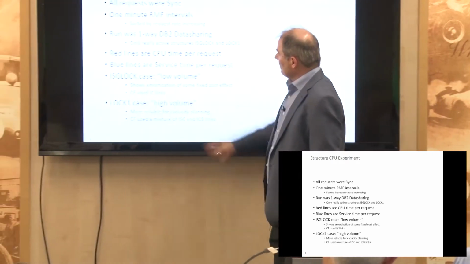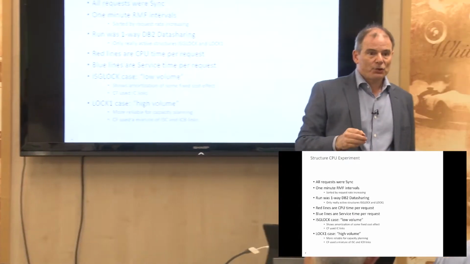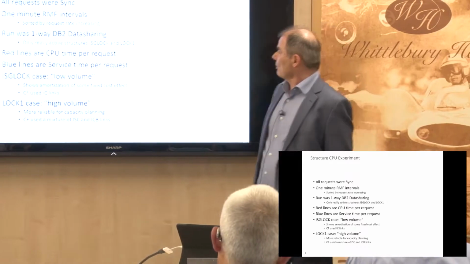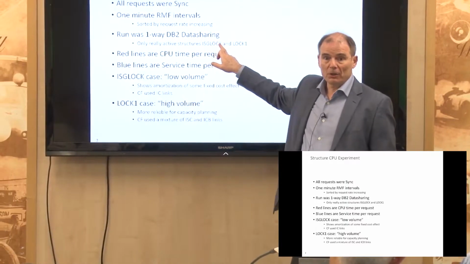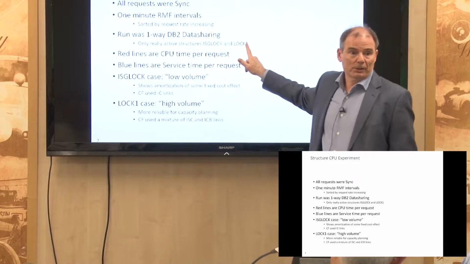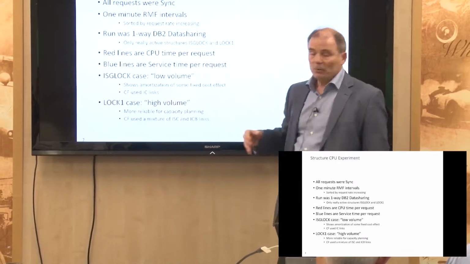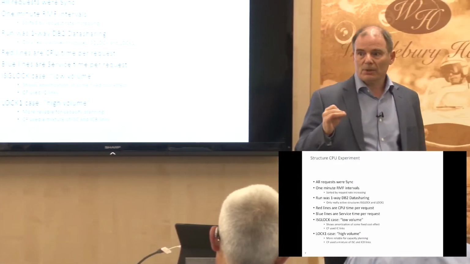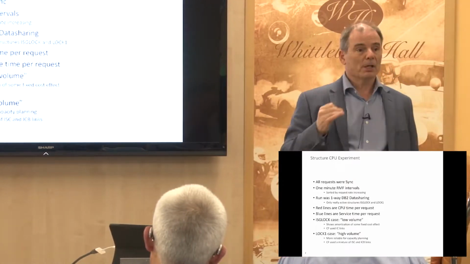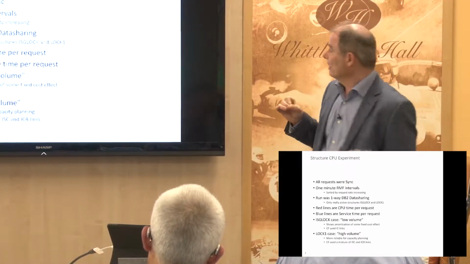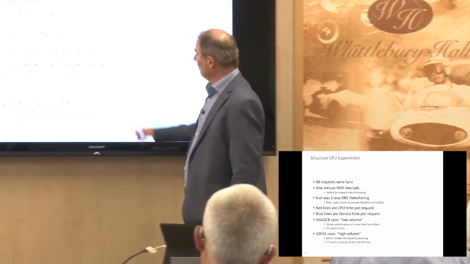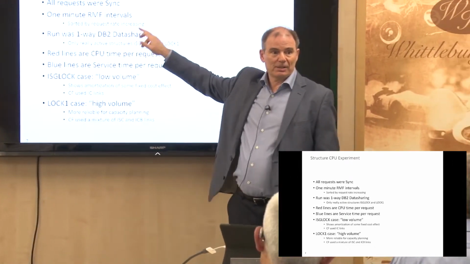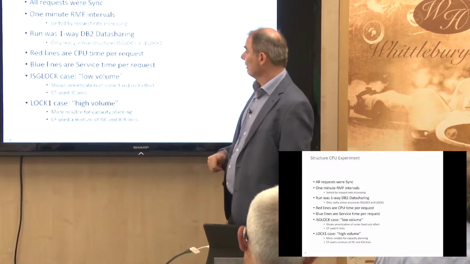The run was essentially one-way DB2 data sharing, so the only really active structures were one called ISG lock and one which is a lock 1. In what follows, the red lines on the graphs are the CPU time per request, and as you'll see, it's important to get the request rate right to be able to get the CPU time per request right in this story.